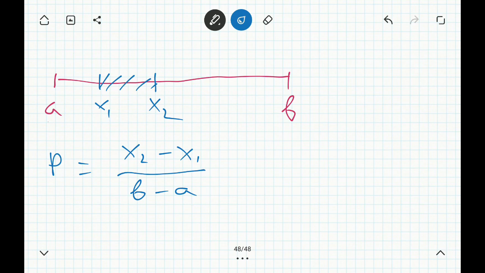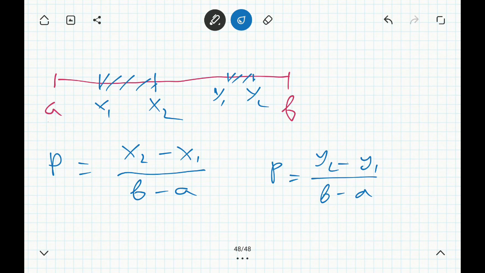And if I want to find the probability for the interval between, say, y1 and y2, then it will be y2 minus y1 over b minus a. So you can see there are similarities. First of all, both of those probabilities depend on the coordinates of the starting point and the end point of the interval.